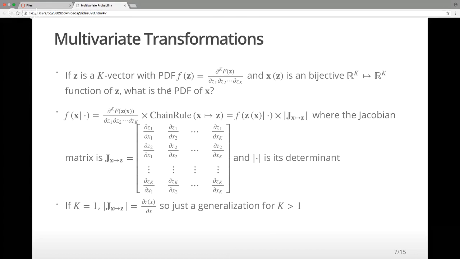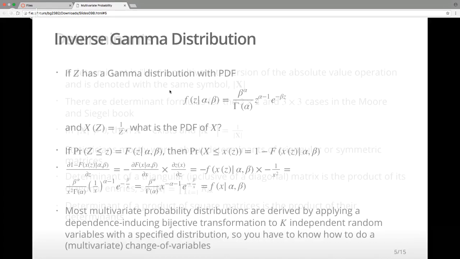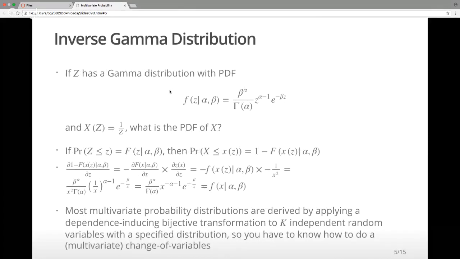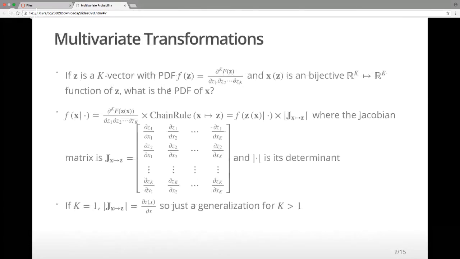And so this idea is really just a generalization of what we did a month or so ago in the univariate case, applied to the multivariate case, a generalization for the case where k is greater than 1. So it's certainly tedious to take all these derivatives.